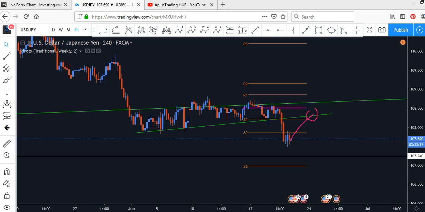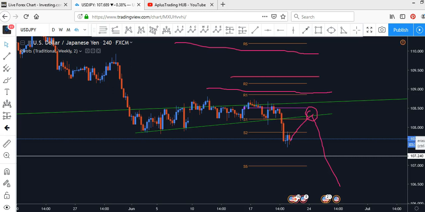Then once we see a rejection there or bearish impulse, we sell from here, and your stop loss will be placed above the R1 level. If you are an aggressive trader. If you are a bit conservative, you can take your stop loss to R5. But for me, I can take my stop loss to above the R2.